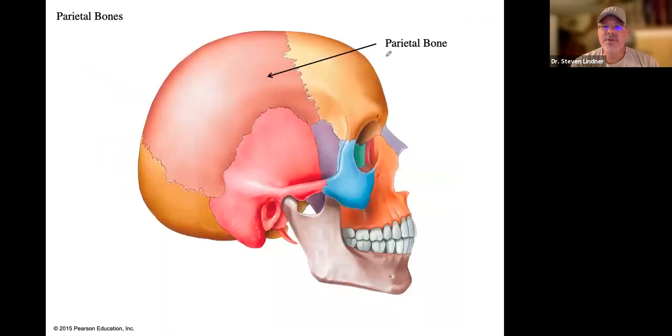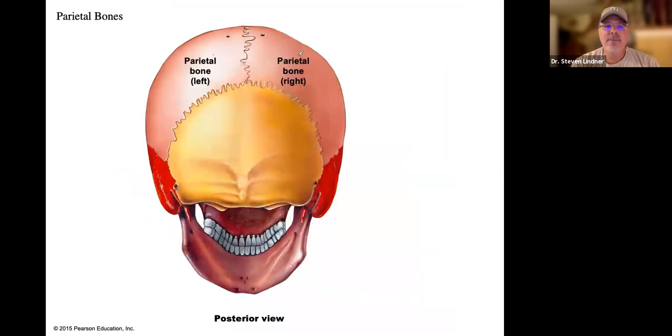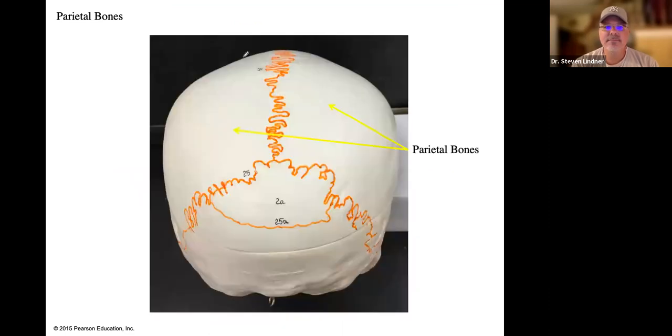Okay, from the side view, here's our parietal bone. From the back view, we can see the occipital bone as well as the two parietal bones. On the skull, here's the two parietal bones. And let's not forget what we've learned: sagittal suture, lambdoidal suture, occiput back here.